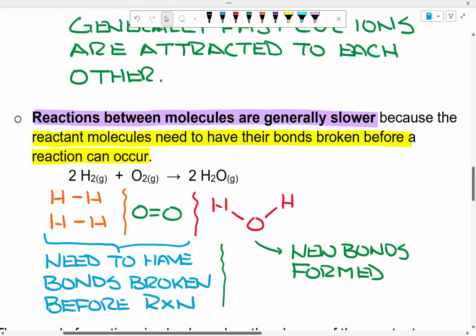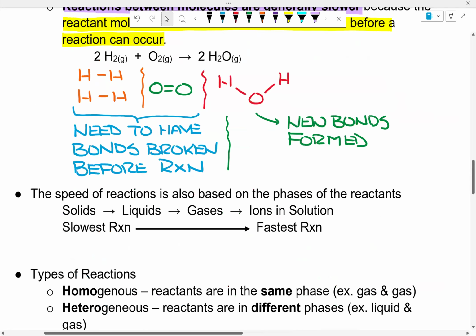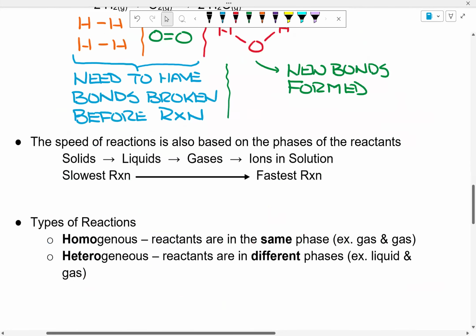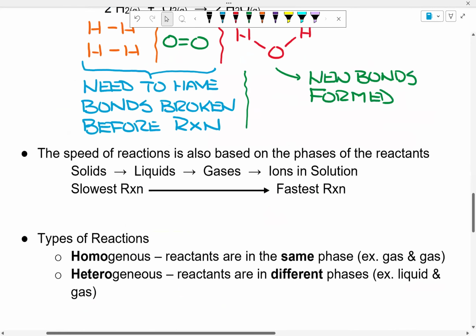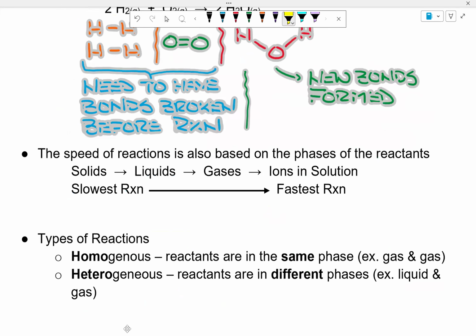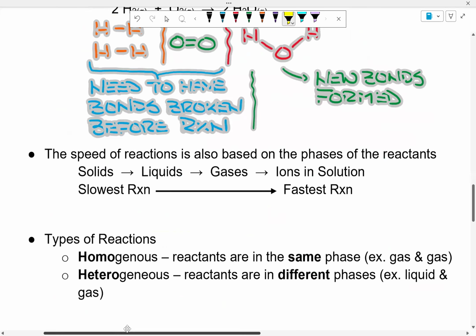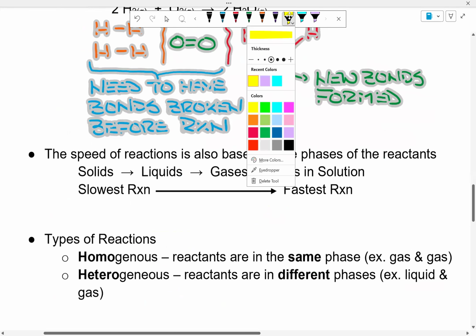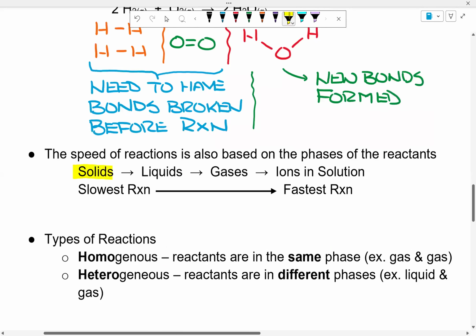Now, when we talk about reactions, we can take a look at the phases of the reactants, and that could also tell us the speed of a reaction. So the speed of reactions is also based on the phases of the reactants. You can have solids, which are generally the slowest reaction.